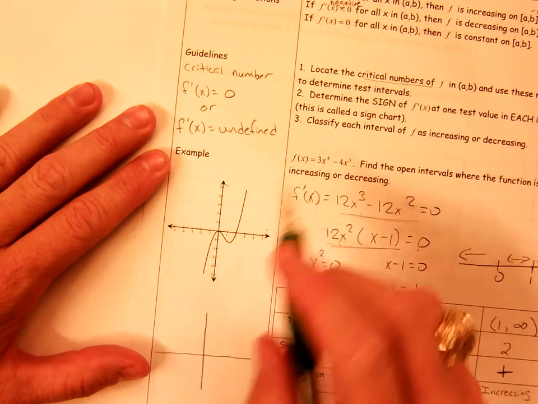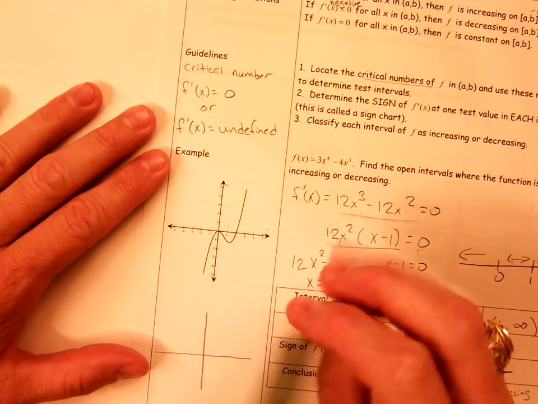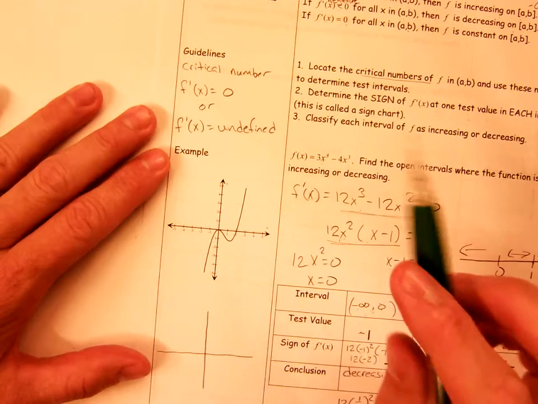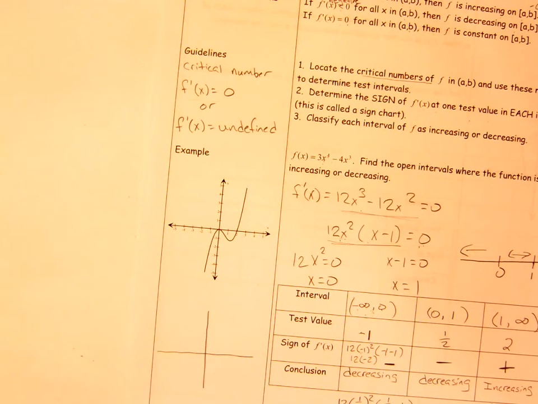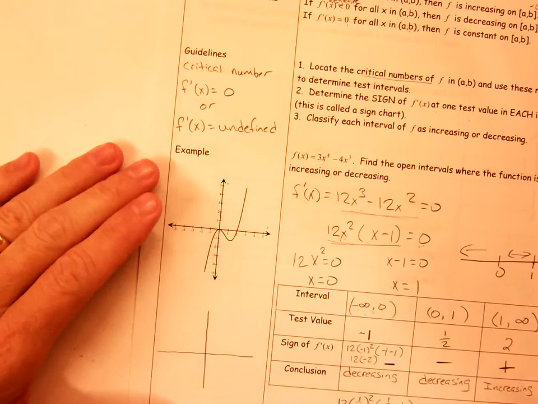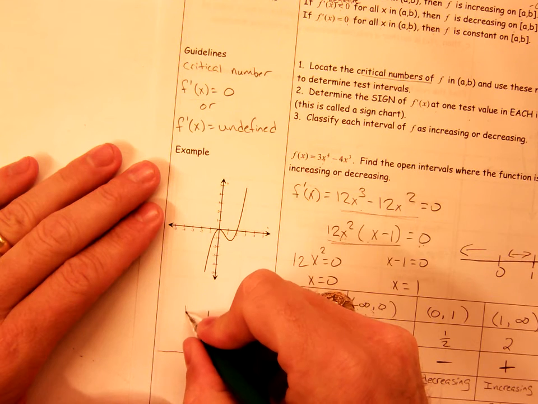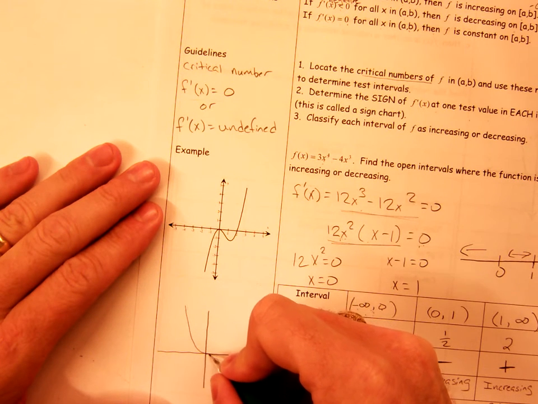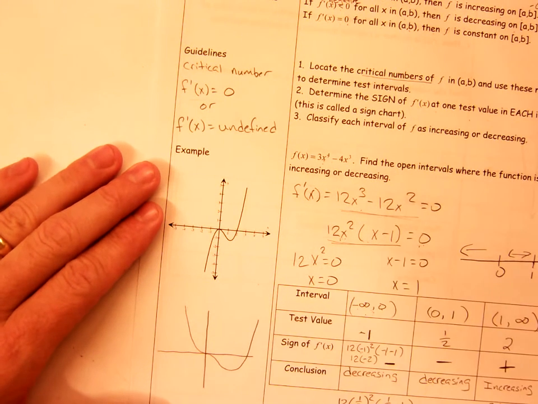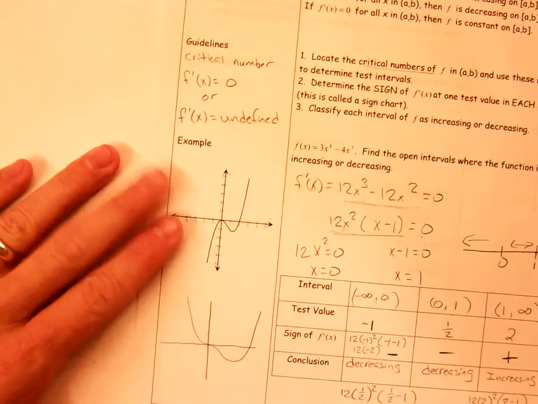Do y'all know what their end behavior looks like? These are both up. They're like parabolas. They're both up. So I know that, and this thing has a shape that looks something like that. I can tell that already, and you guys will get to that point.